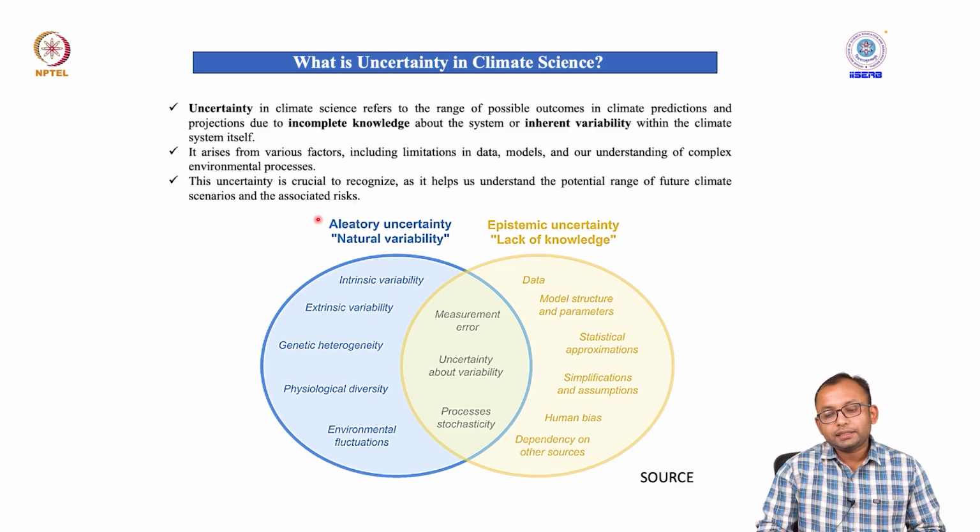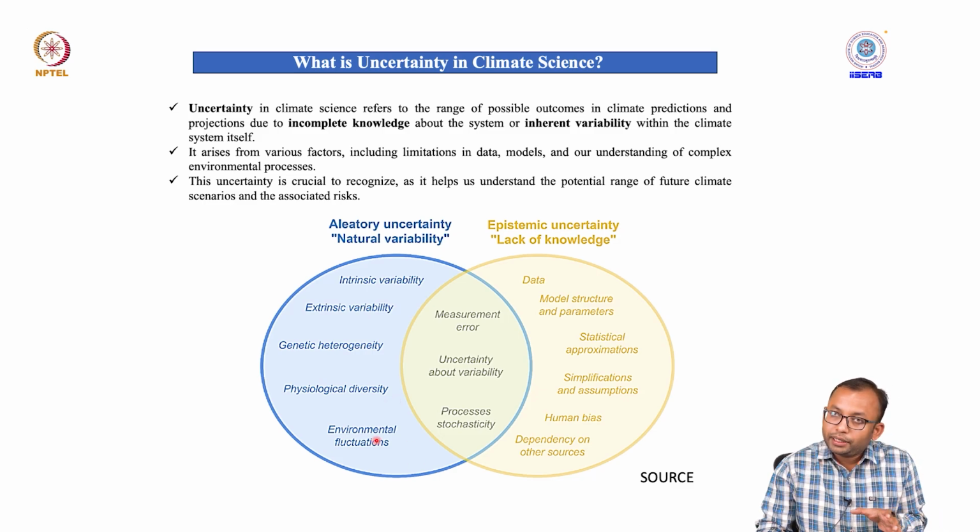So majorly this uncertainty can be divided into two parts. One is called aleatory uncertainty, which is also called natural variability, and the second is called epistemic uncertainty, which is lack of knowledge. Aleatory uncertainty can be because of intrinsic variability, extrinsic variability, heterogeneities or diversity, or environmental fluctuations, which are primarily driven by the inherent nature of the processes and not accounted for in the model itself.